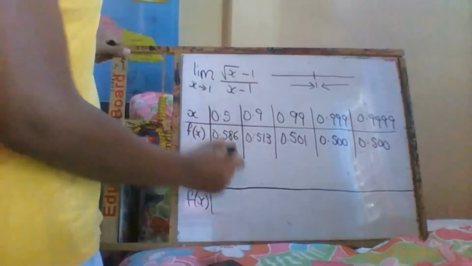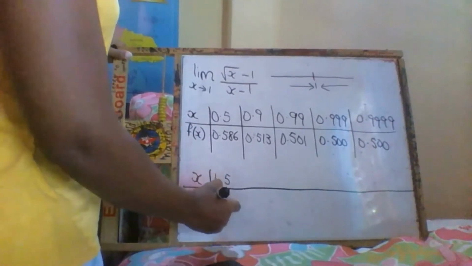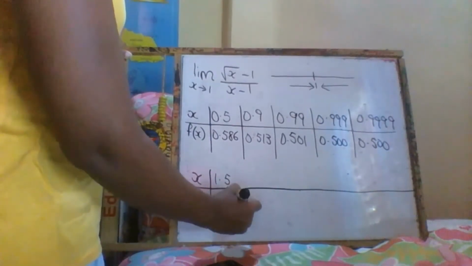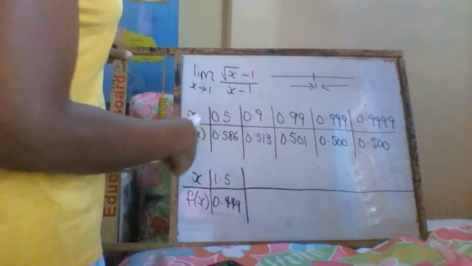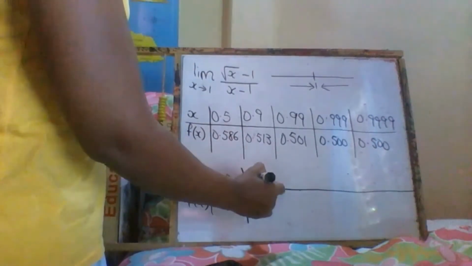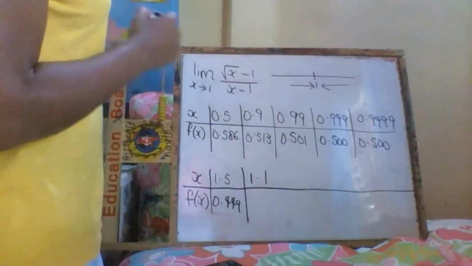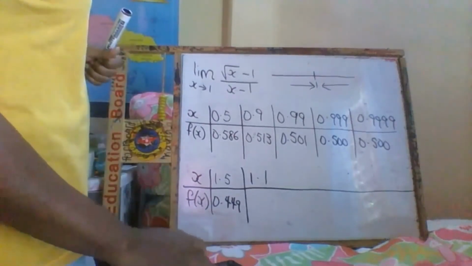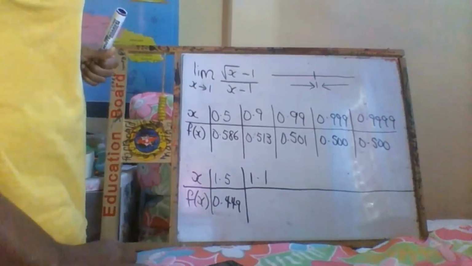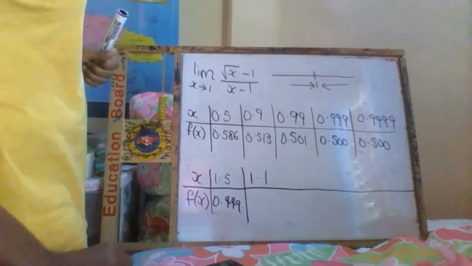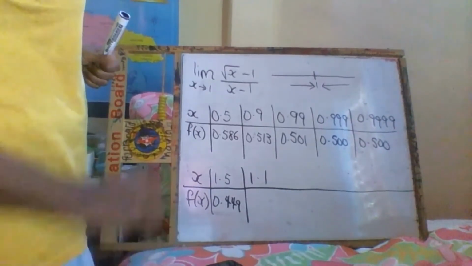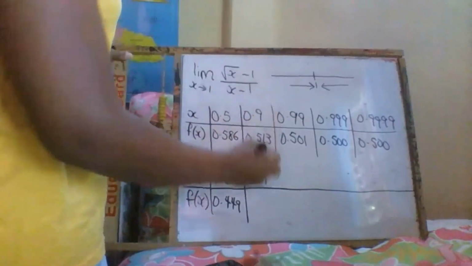I get 0.449. Let's get closer to 1. Let's say 1.1. This time I get 0.488.